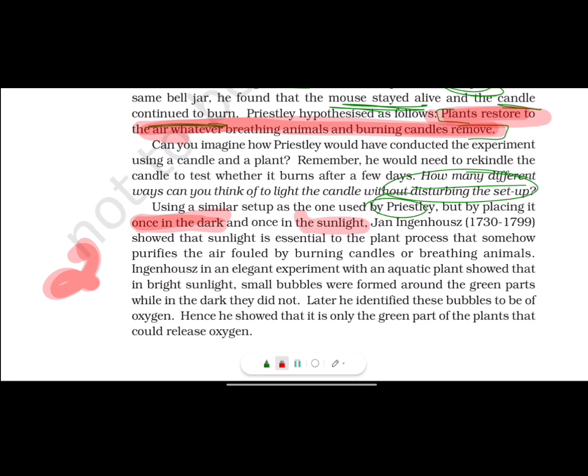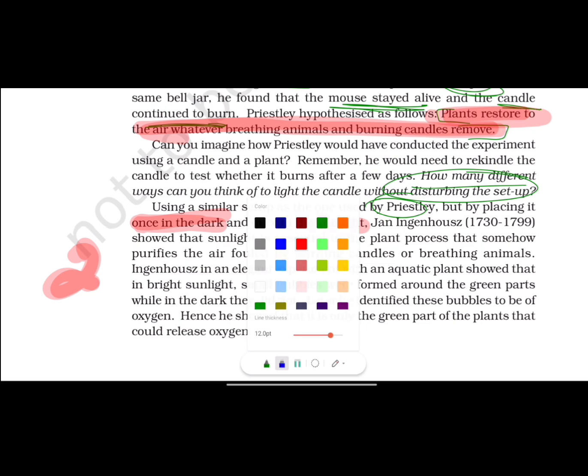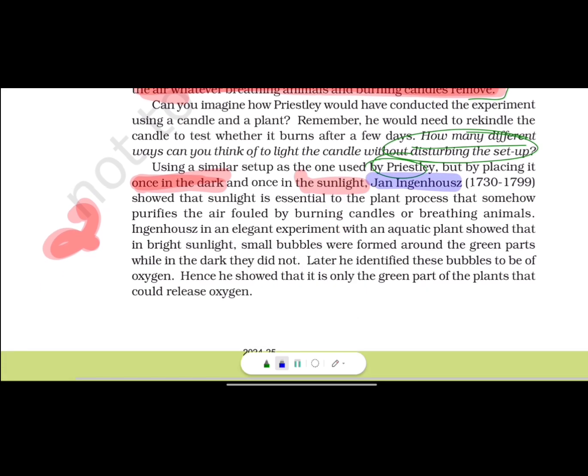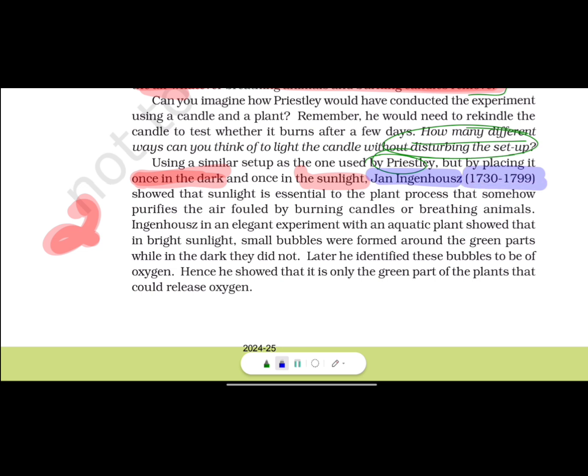The name of the second scientist is Jan Ingenhousz, and the timeline is so and so.